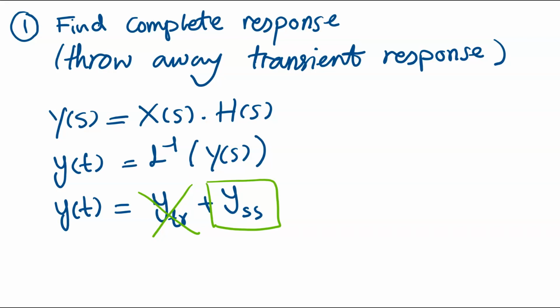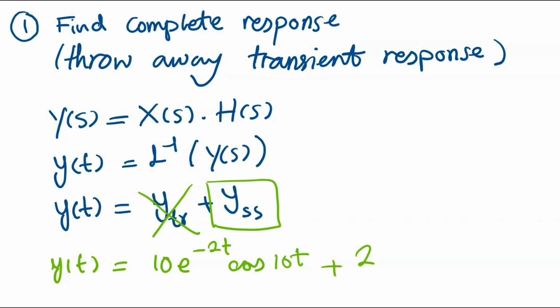That's the general approach. In this approach, you're solving for the total response, which is longer and bigger than your steady state response. So you're going to deal with a lot more calculation, and it's going to be a longer path to solve for the steady state response. For example, let's assume that at the end, you have something in this form: y of t is equal to, for example, 10 e to the minus 2t cosine of 10t plus 2 sine of 3t.